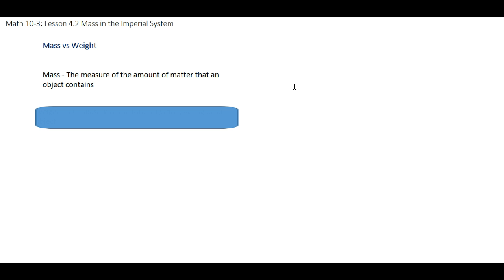So if we think of matter made up of molecules, objects made up of molecules and atoms, if you think of it as the number of Lego blocks, how many of the Lego blocks are molecules that are there, that there's a certain fixed amount in an object, and that's the amount of matter and mass that an object has.